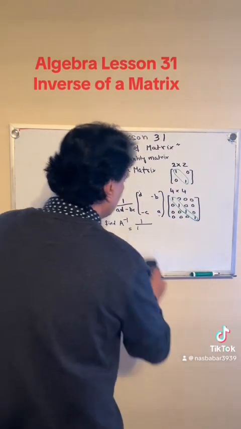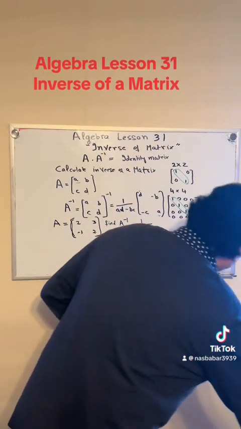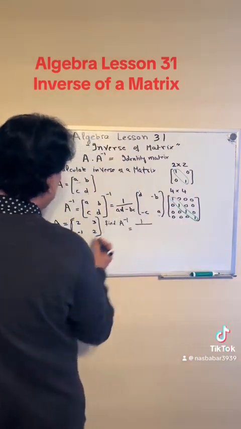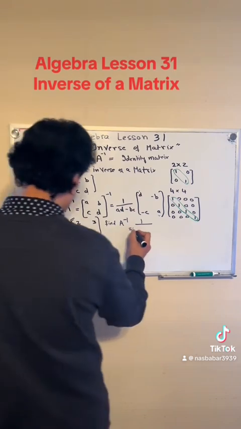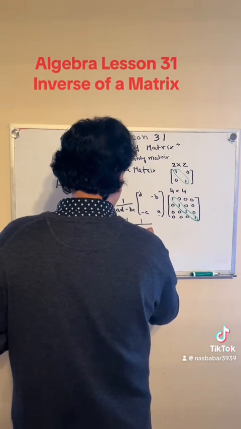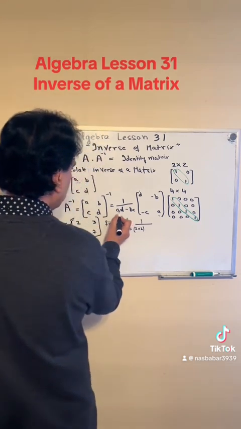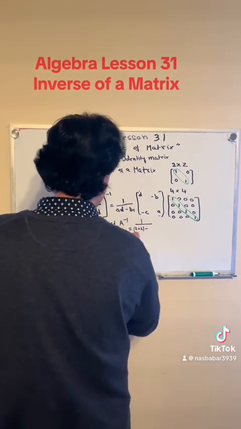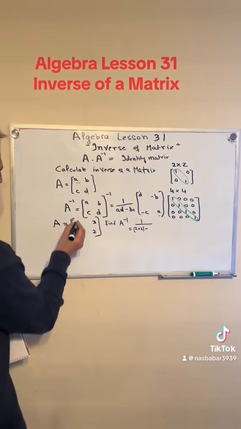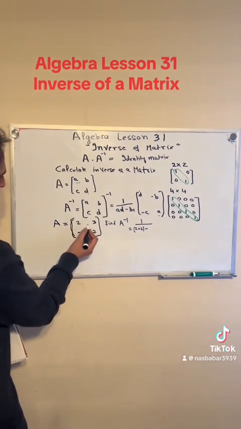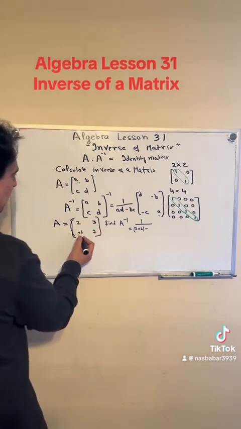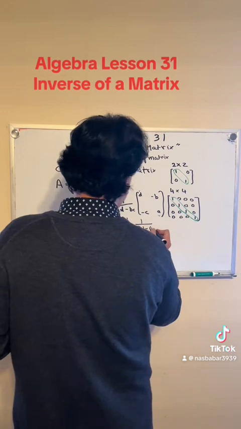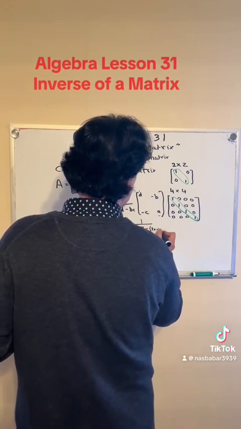It's 1 over A times D, and this A is 2 and D is 2, so that's 2 times 2, multiplied by minus B times C. B in this case is 3 and C is minus 1, so 3 multiplied by minus 1.